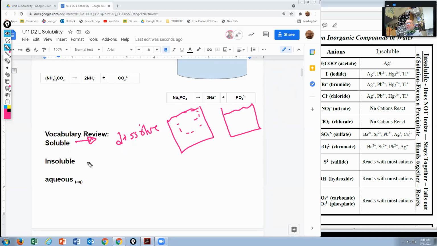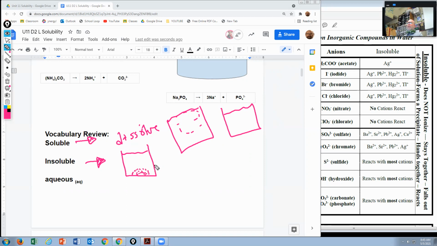Something that's insoluble does not dissolve in water. And if you end up with something insoluble, usually you'll have a pile of the stuff on the bottom, right? Or the solution is going to be super cloudy and you'll be able to see the particulate matter.